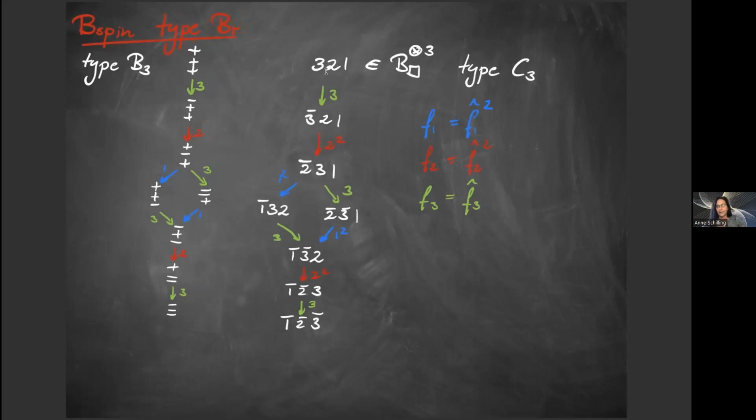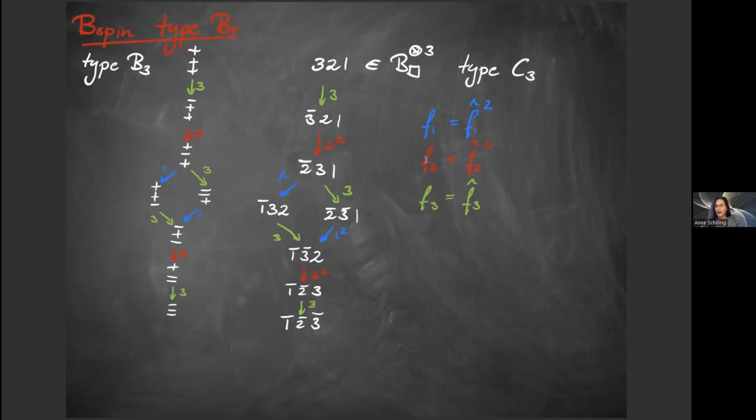where we map this plus plus plus to the highest weight vector 3 to 1, and the crystal operator F1 over here in the spin crystal is modeled by the square of F1 operators in the virtual crystal.